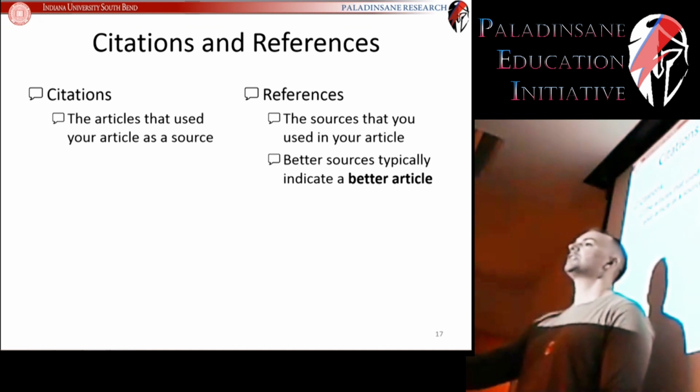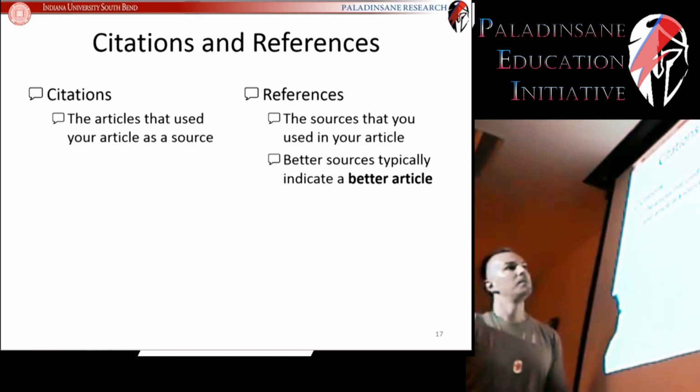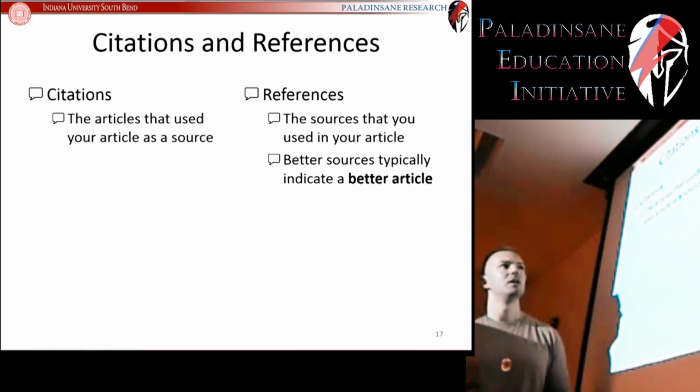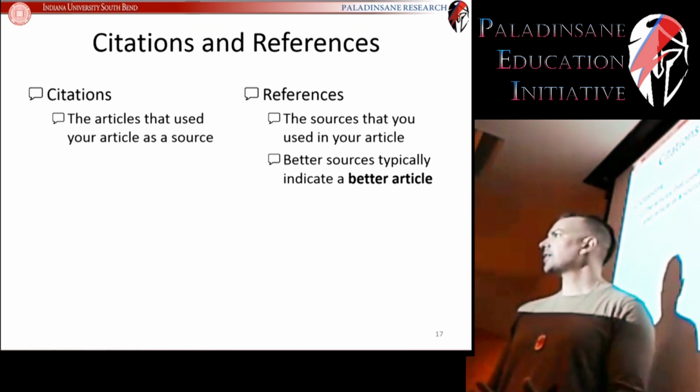You'll start to know what the classic researchers are. And you can take a look for them in the references. And the better the sources are, that typically, not always, it's a shortcut, but that typically indicates a better article.